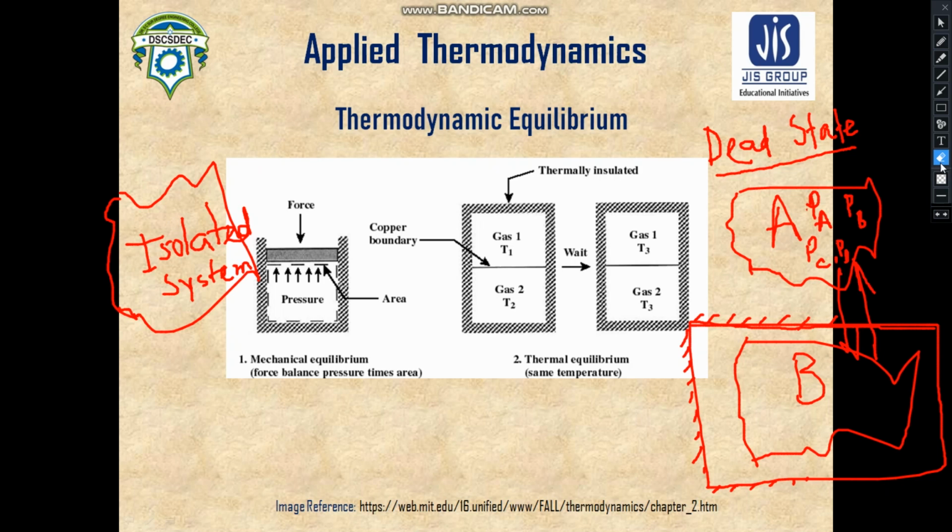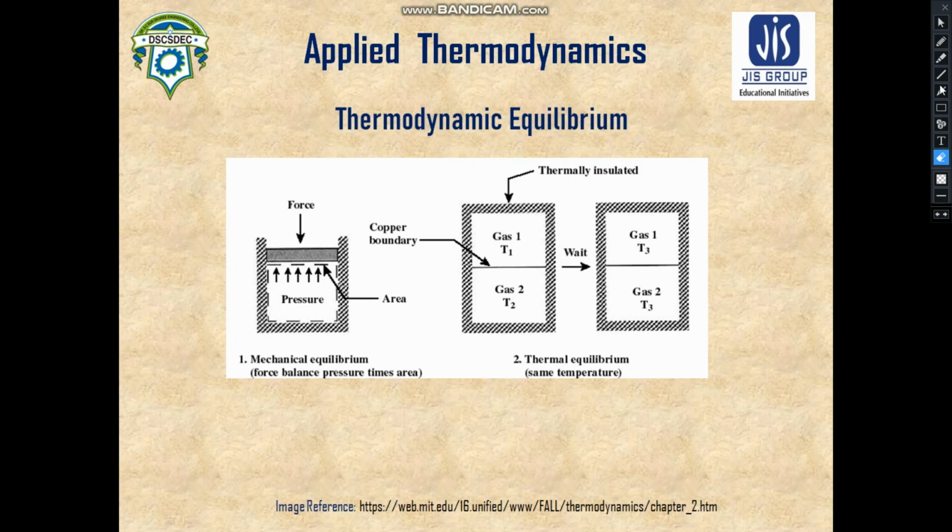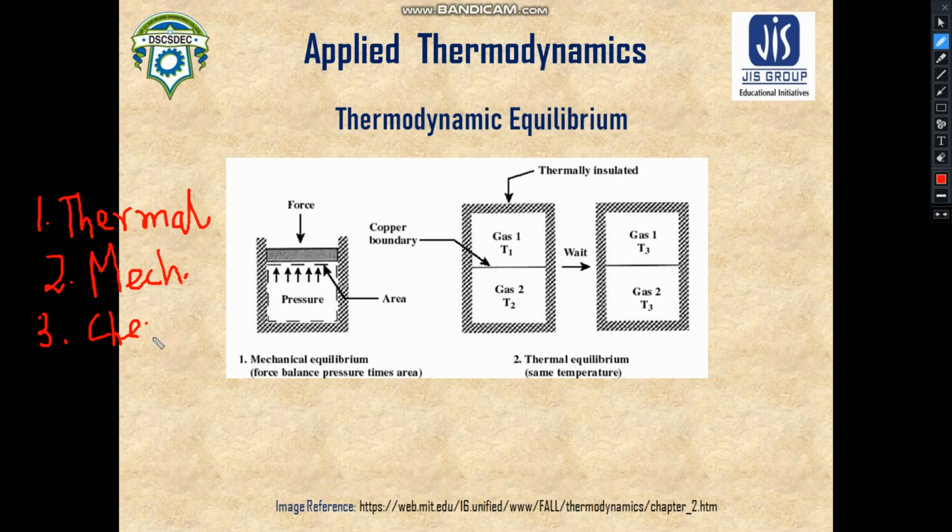Now this thermodynamic equilibrium can be achieved from three different perspectives. The first one is thermal equilibrium, which I am writing here. Then it is mechanical equilibrium, and the third one is chemical equilibrium.